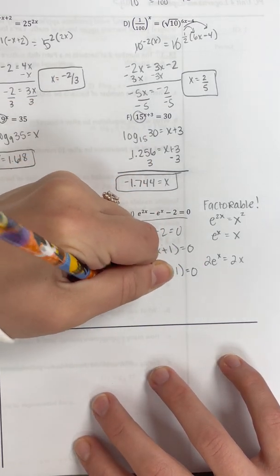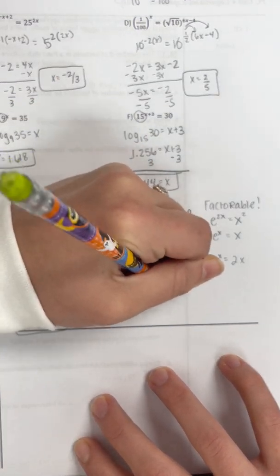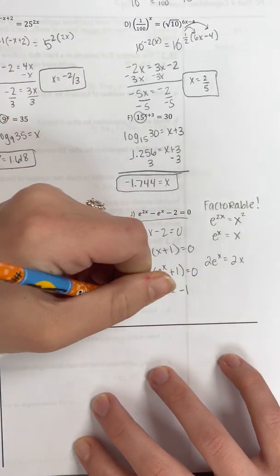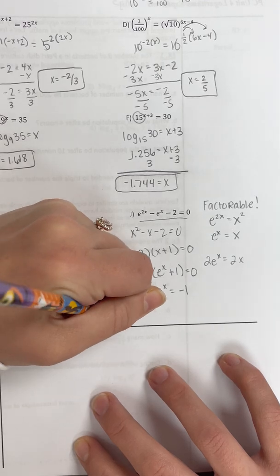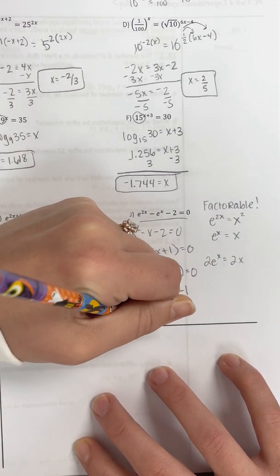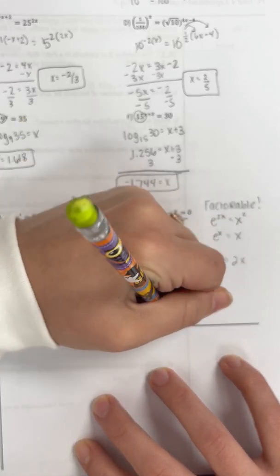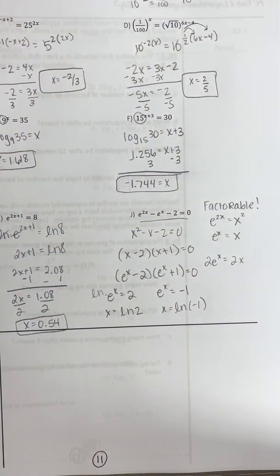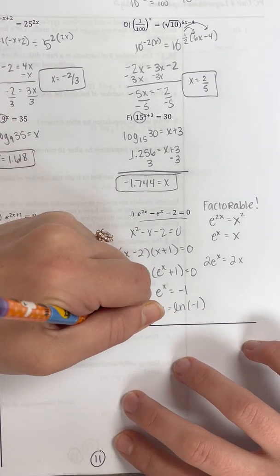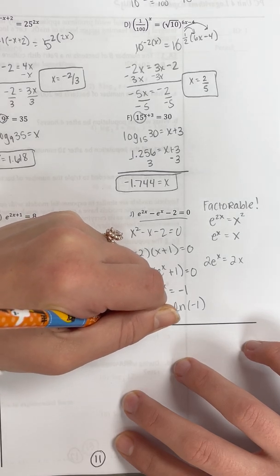So we have e to the x is equal to 2 and e to the x is equal to negative 1. Now if I multiply them both by ln, we get x is equal to ln of 2, and x is equal to ln of negative 1. Now if I were to plug these both into the calculator, this is approximately 0.693.